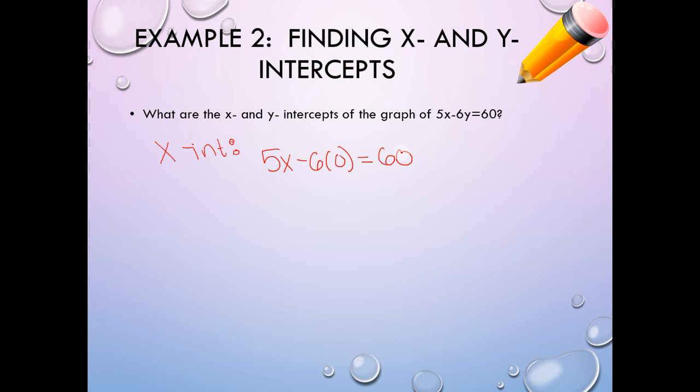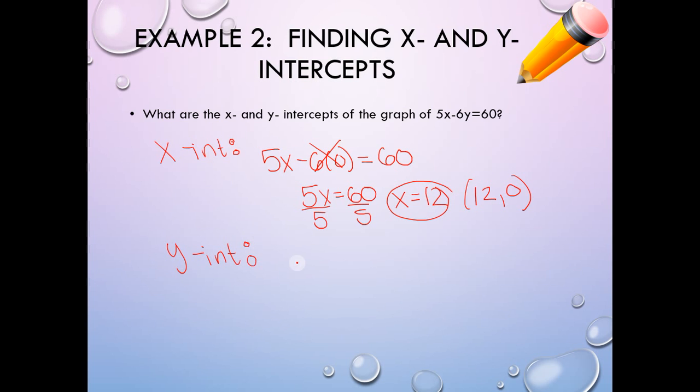Now, to solve for x, the y term cancels out and gives me 0, so I get 5x equals 60. Divide by 5, and x should be 12. So x equals 12, and as an ordered pair I get 12, 0.